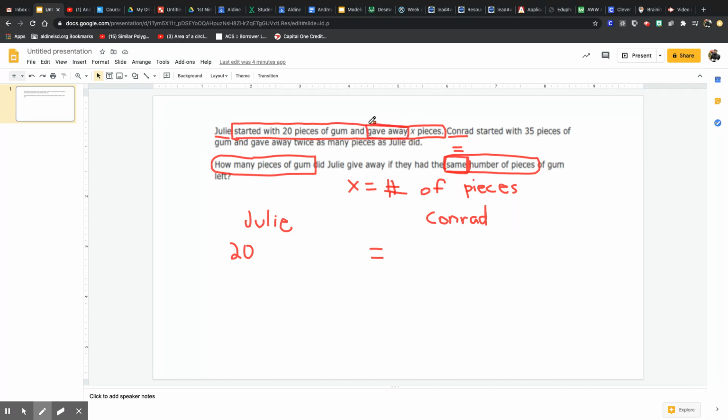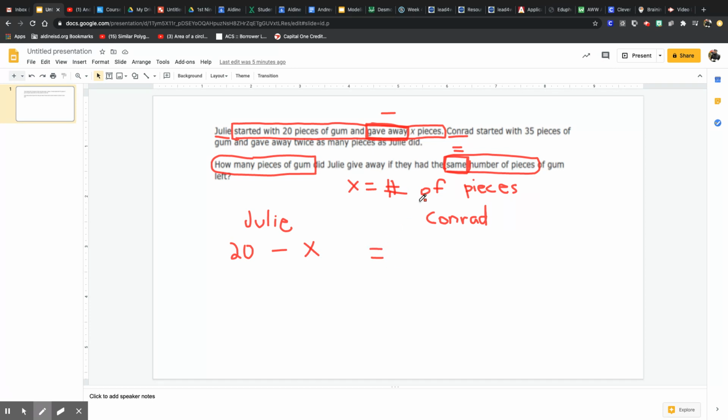If I see that we're giving something away, that's the same as subtracting, right? She gave away X pieces. Do we know how many pieces? Nope, that's our unknown. So we're going to use our variable to represent those pieces. So Julie started with 20 and gave away X. So 20 minus X. Okay, and that's it for Julie.